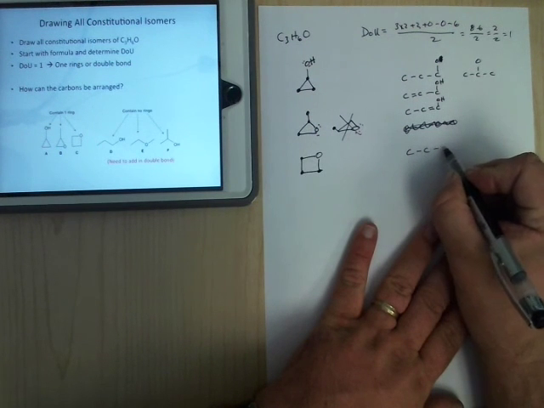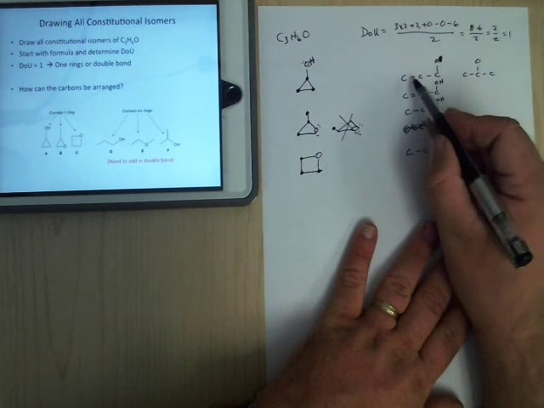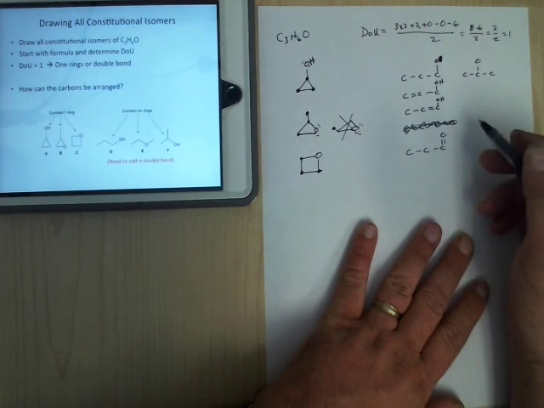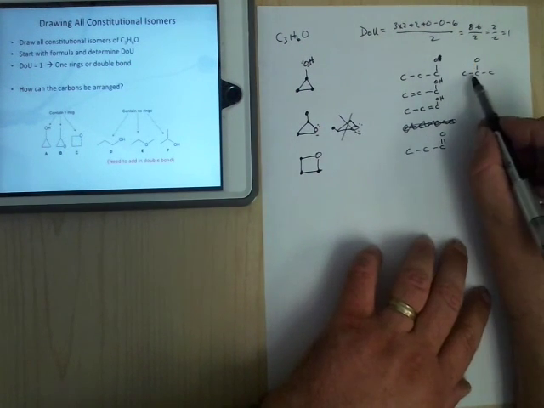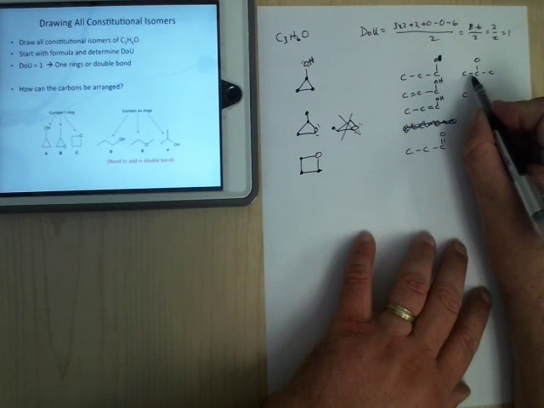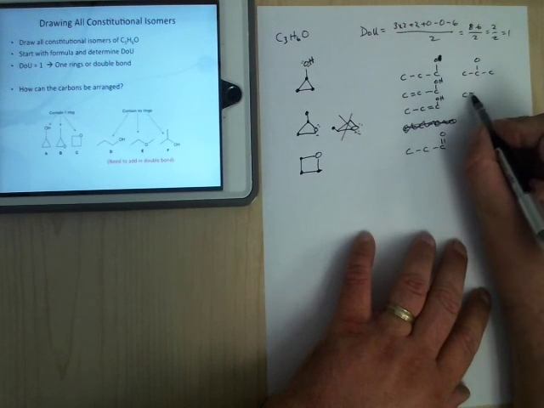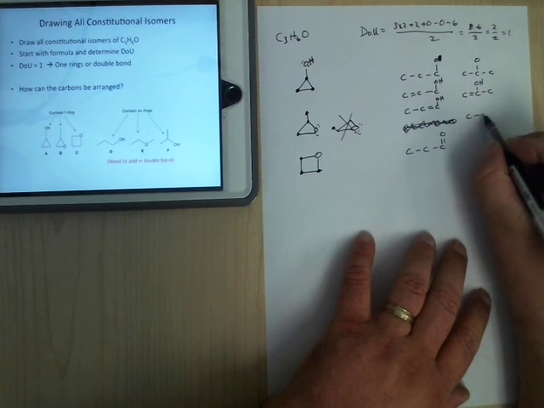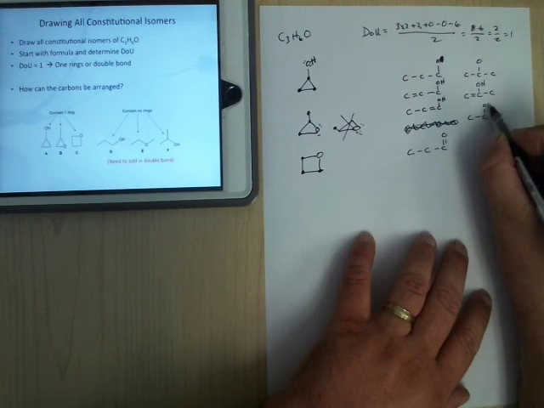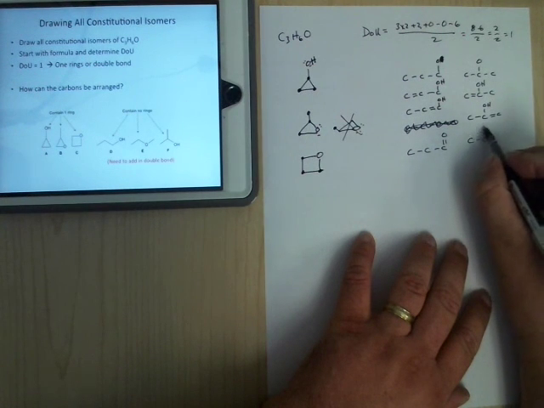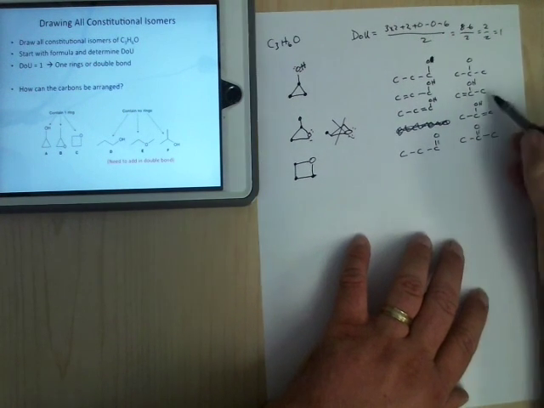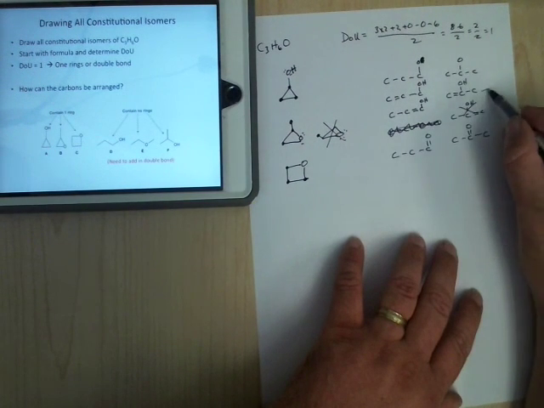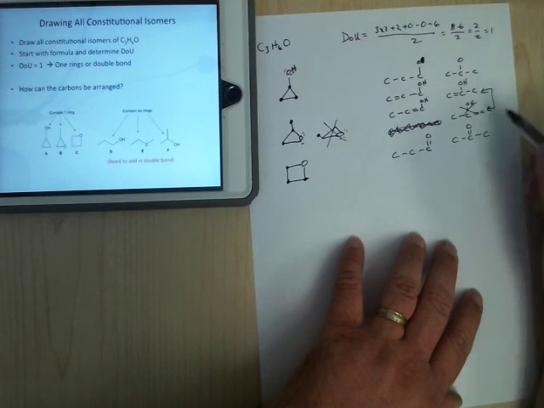Or we could put the double bond there. We can put the double bond here, there, or there. That's fine. Again, we can put the double bond there, there, or there. Now the problem is, notice how these two are just the same molecule; they're just flipped. So these two are the same, so we don't need one of them.